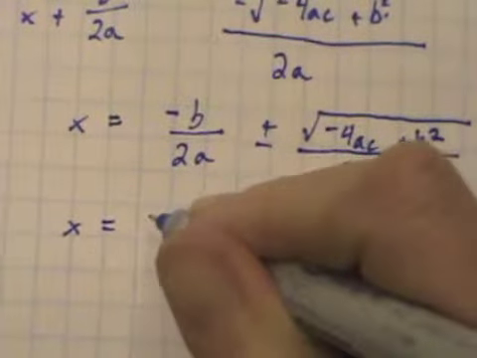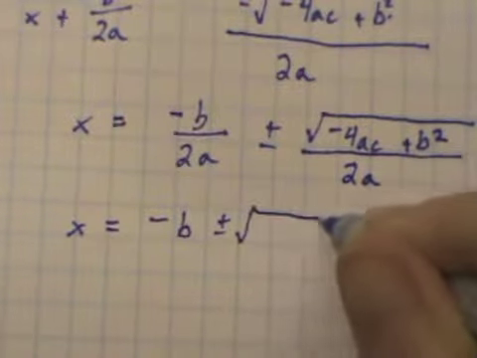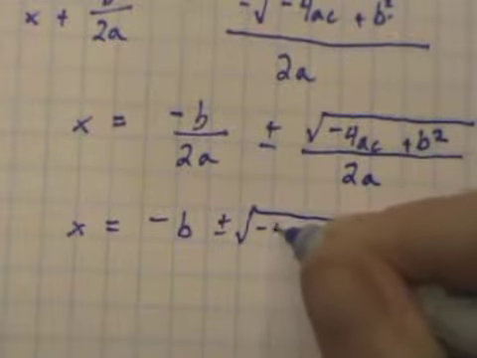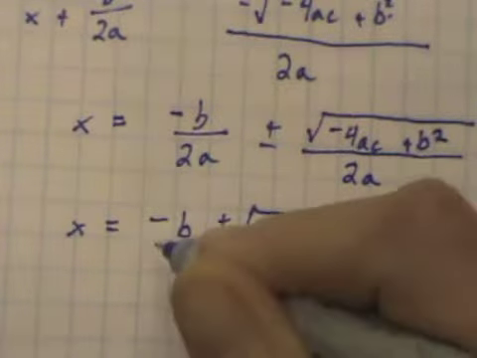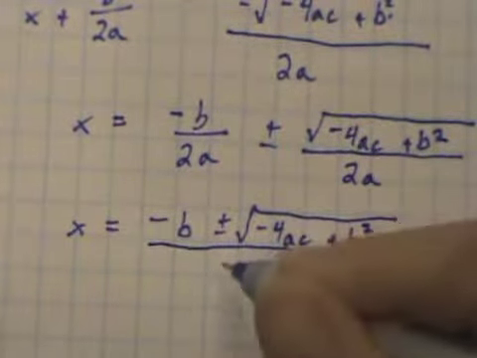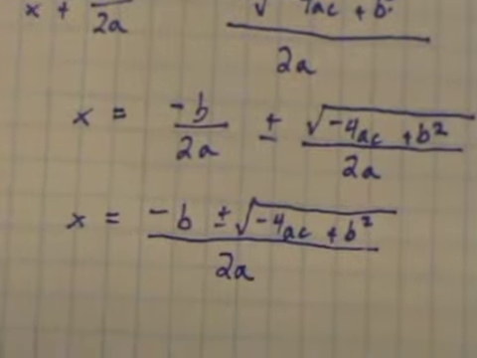X equals negative b plus or minus the square root of negative 4ac plus b squared, the whole thing over 2a.